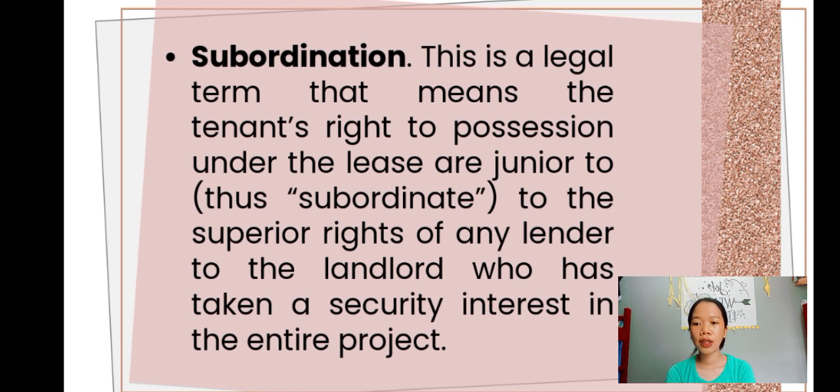If this occurs, the tenant may be required to deliver the rent directly to the lender, or may be asked to sign documents that recognize the lender's superior rights. This tenant subordination doesn't mean that the tenant's rights under the lease are taken away. Instead, it means that upon notice, they will treat the lender as a new landlord.